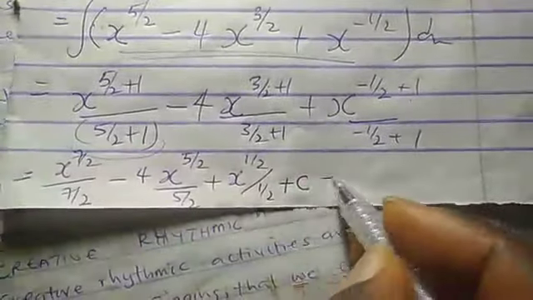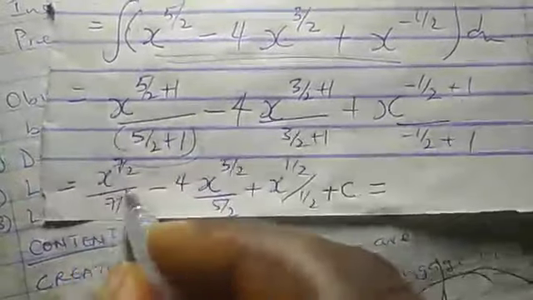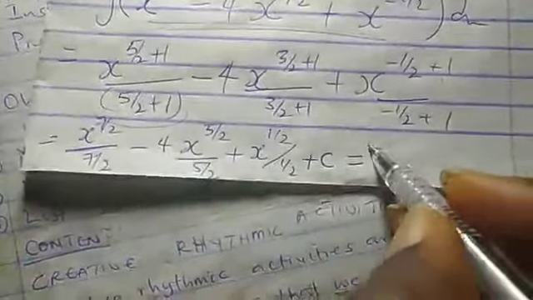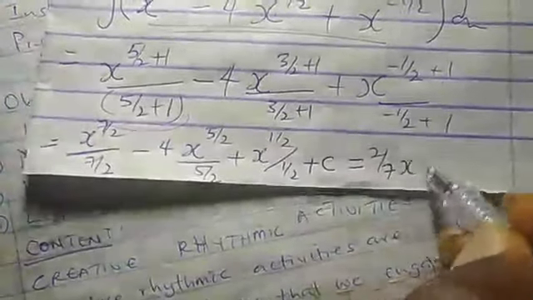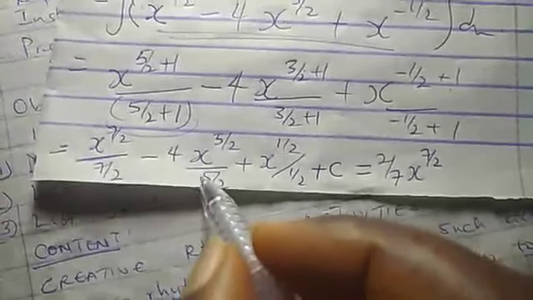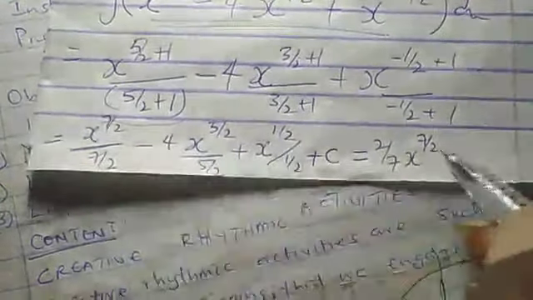You must always add c to your integration. And this one over here, if I bring it up, it will become 2 over 7. So this will be 2 over 7 s to the power 7 over 2. If I bring this one 2 up, it will be 2 over 5. But there's 4 there.